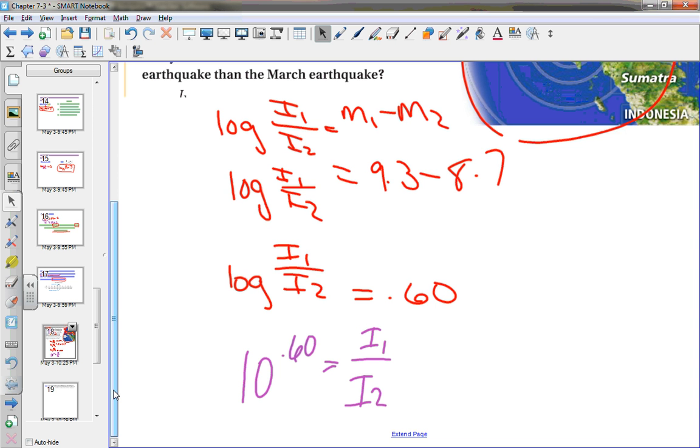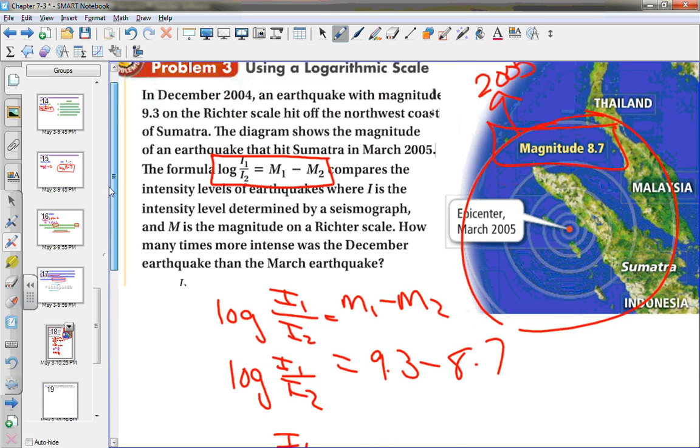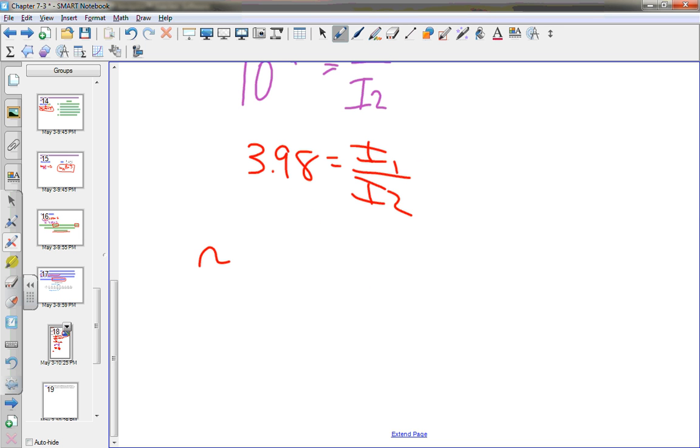Do we see that? So that is equal to my change in intensities. How many times greater was my earthquake in 2004 versus 2005? Which is approximately 4 times greater. Do we understand that? Yay or nay?